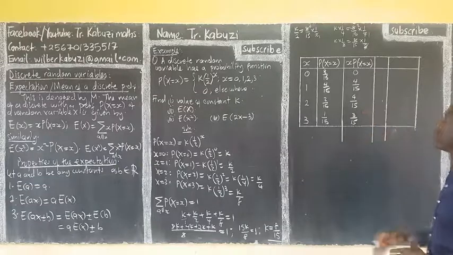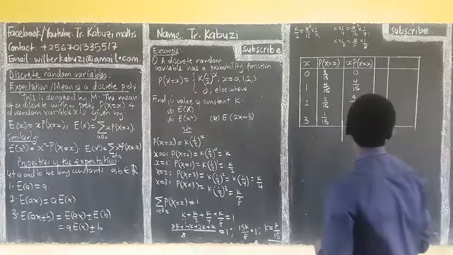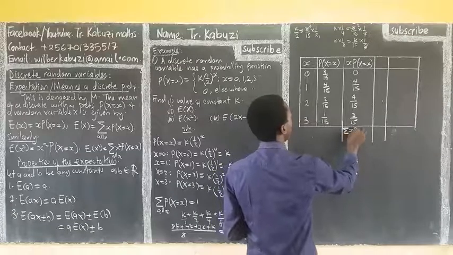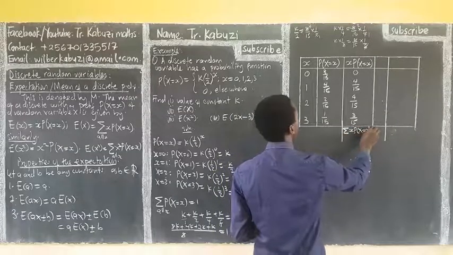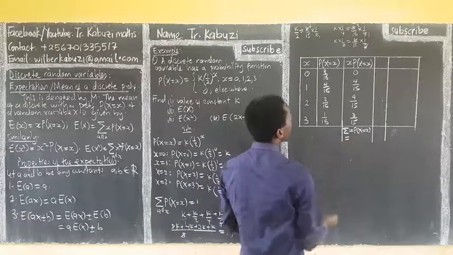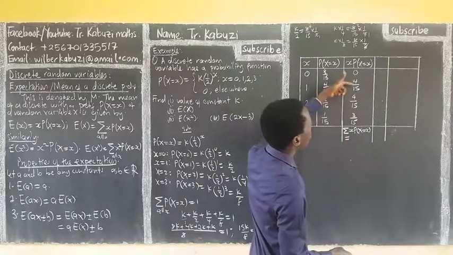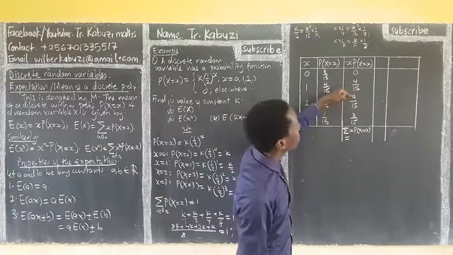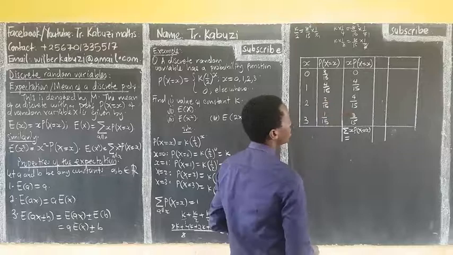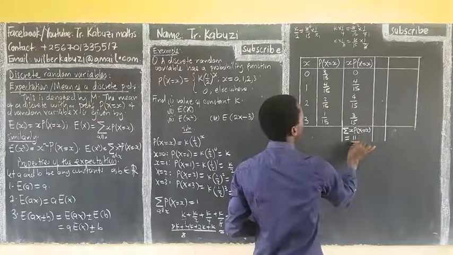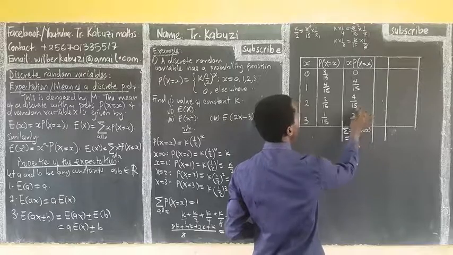Now, don't reduce them. That is very easy to add. So now you need to sum the products of x with their corresponding probabilities, and the LCM will be the same. In simple terms, we are summing this plus this plus this. So we shall be getting 8 plus 3, which is 11 over 15, because they are having the same LCM.